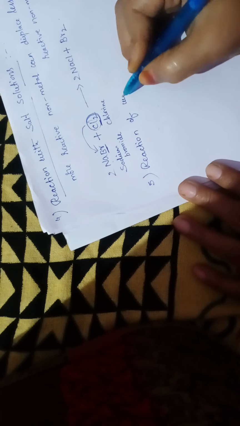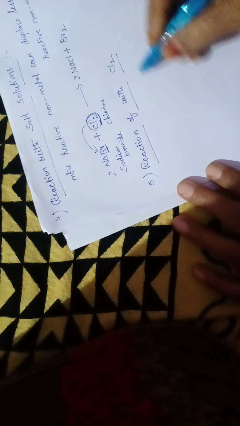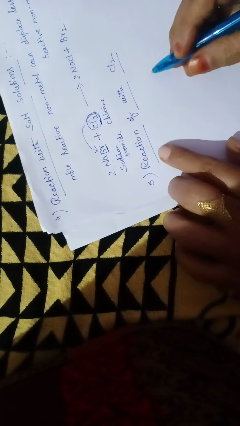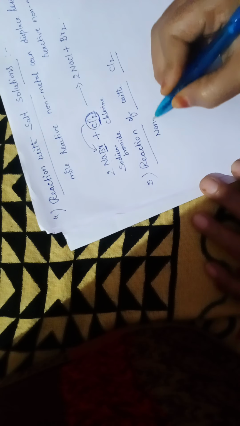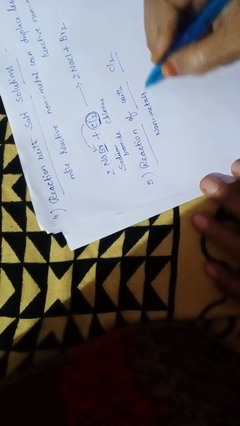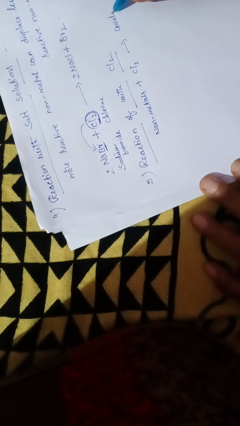Then the fifth one is reaction of non-metals with chlorine. When non-metals react with chlorine, they form covalent chlorides.